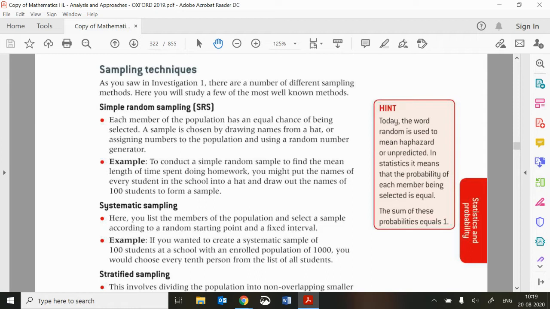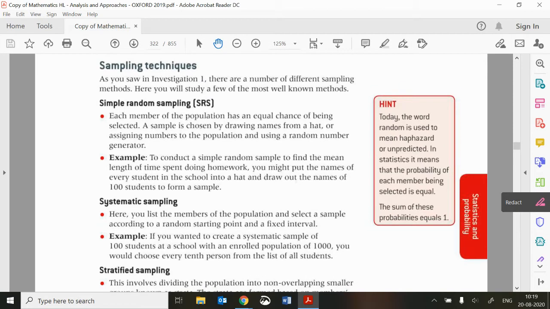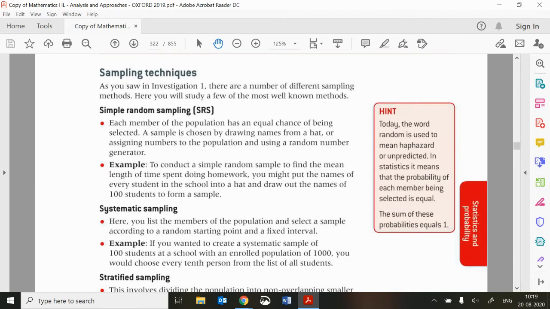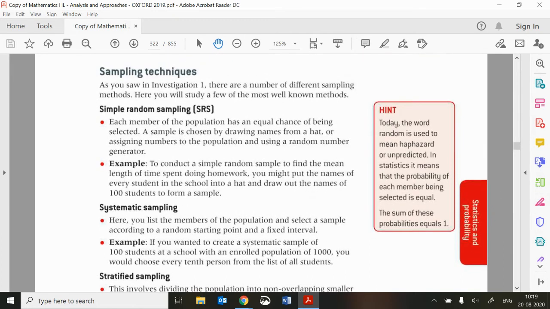So the classic way of doing this would just be to set up a simple random sample. Each member of the population has an equal chance of being selected, and a sample is chosen by drawing, for example, names out of a hat or assigning numbers to the population and using a random number generator.